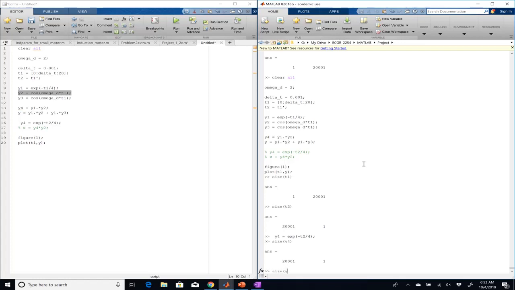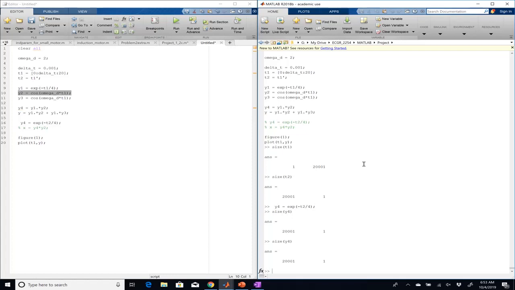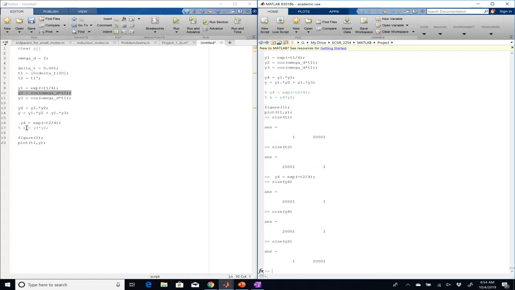Size of y4 is 20,001 rows. Size of y2 is 20,001 columns. So let's say I did y4 times y2. This is a really dangerous operation because I have something with 20,001 rows multiplied by something with 20,001 columns. It becomes enormous when I do that.